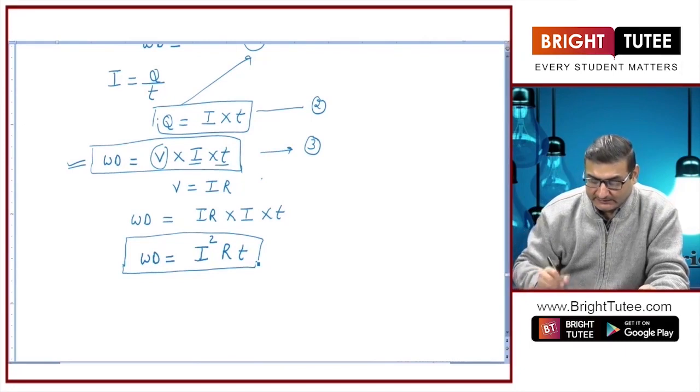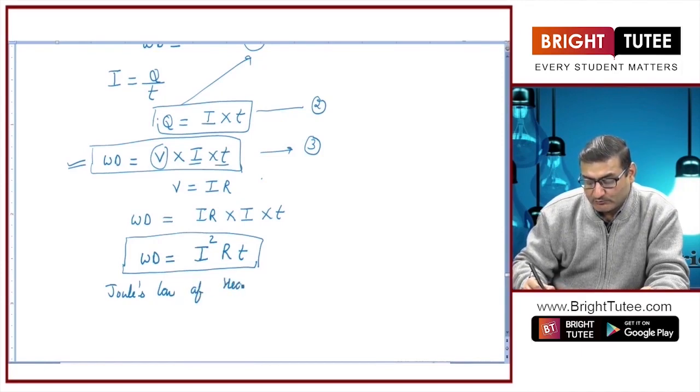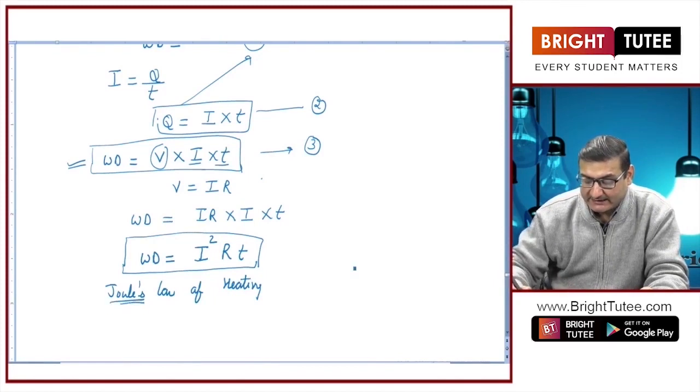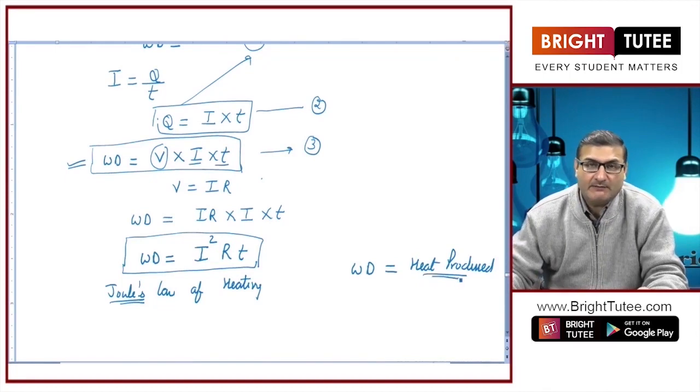Now students, there is a law known as Joule's law of heating. This law stated that work done is equal to heat produced. Whatever the amount of work you are doing, the same amount of heat will be produced because heat is a form of energy.